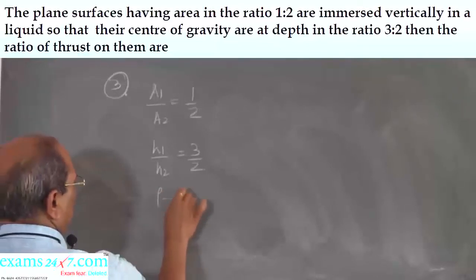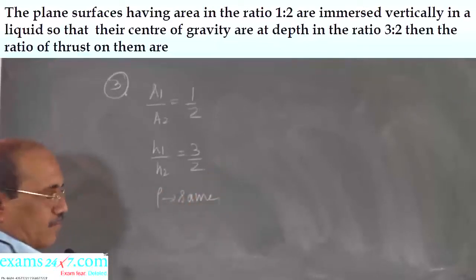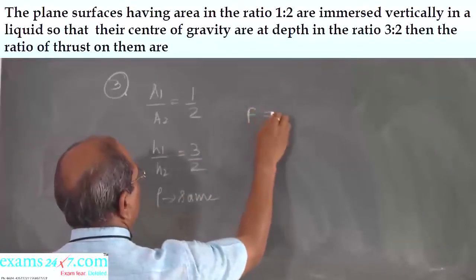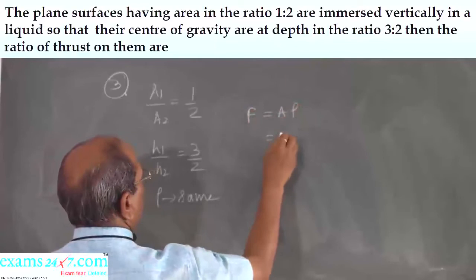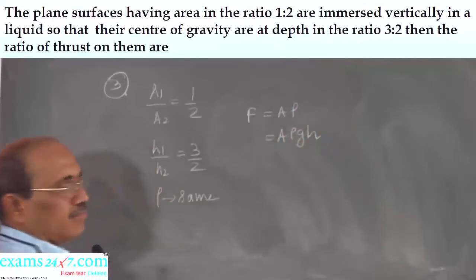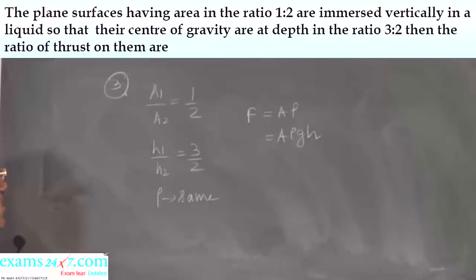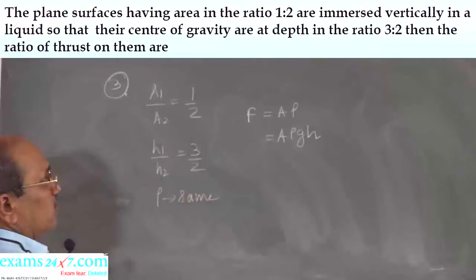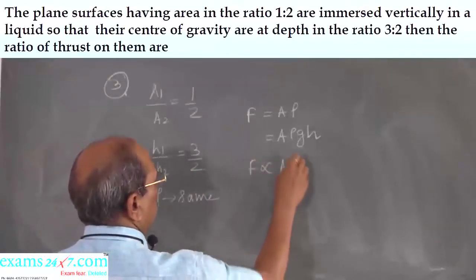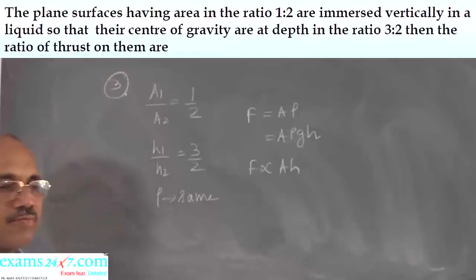Rho same because liquid same. Force is equal to A into P, A into rho G H. I am not changing A because they gave the area ratio. Here H is different, H1 and H2. Rho and G common, therefore I can write F proportional to AH.